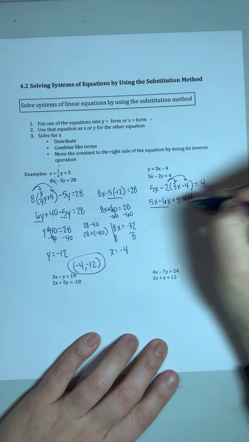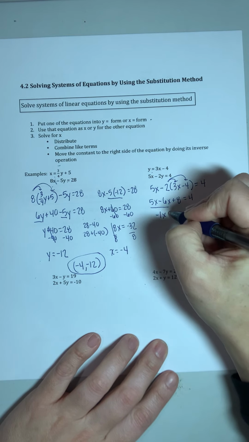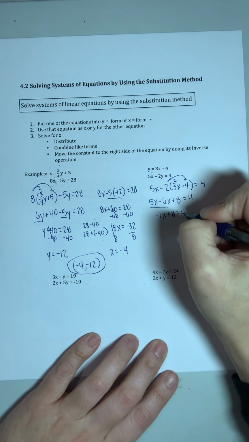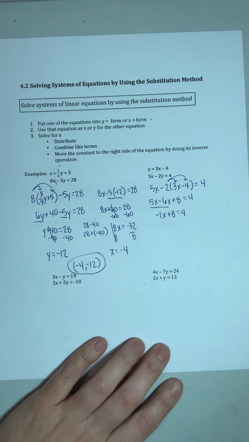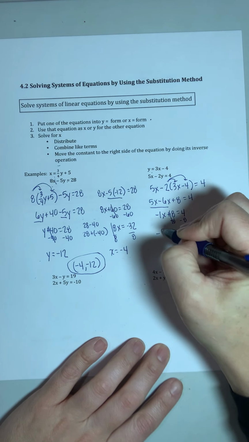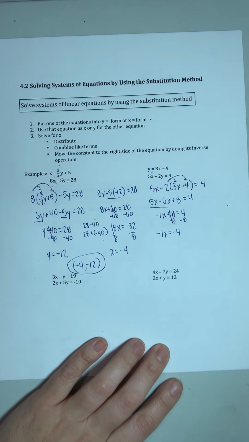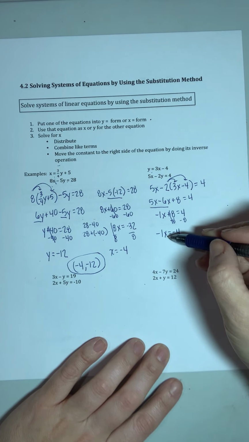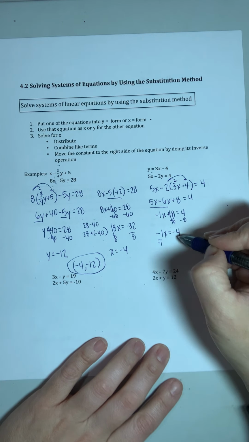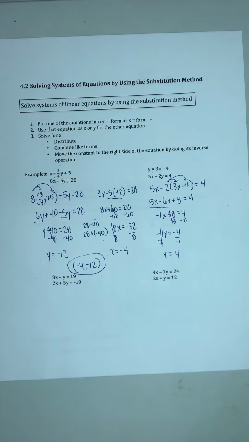Okay, if I combine like terms, 5 minus 6 is negative 1x. Now I'm going to get rid of the 8 on both sides. 4 minus 8 is negative 4. You can't have a negative x, so we're going to divide by negative 1, so x equals 4.